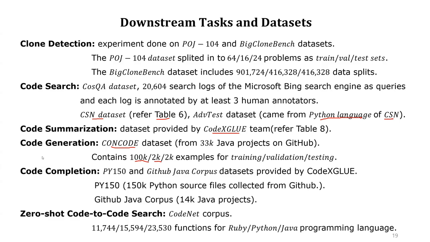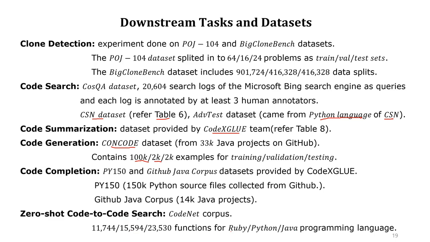The next one is zero-shot code-to-code search. They take the split of different programming languages. They take Ruby, Python, Java. These are the dataset compositions of these three programming languages.